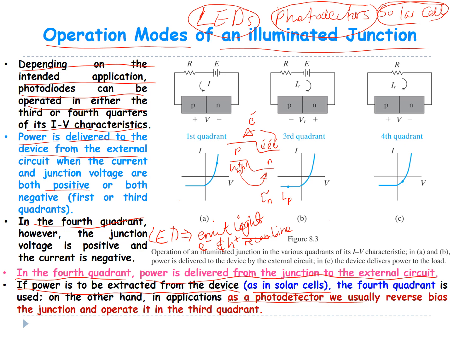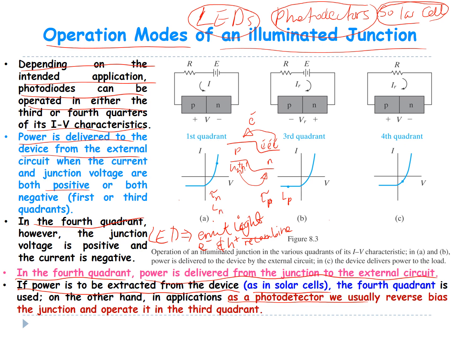So in the P side also we have the same thing, the lifetime. For electrons injected in the P side, their lifetime is tau N, and they will diffuse for a short distance, which is Ln in the P side.